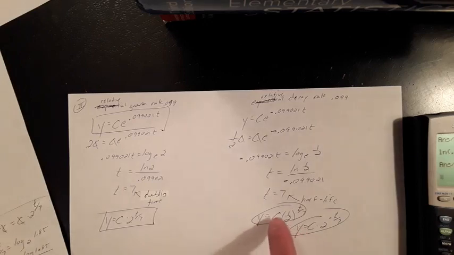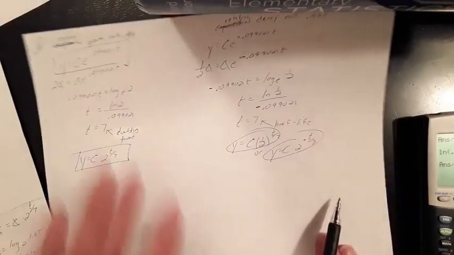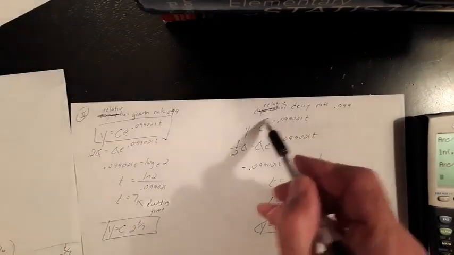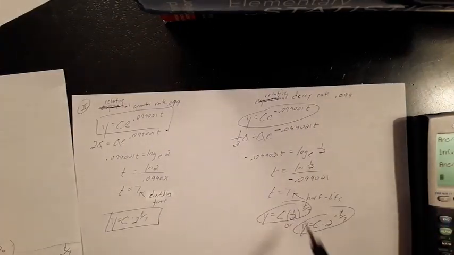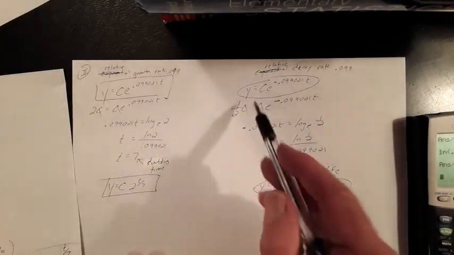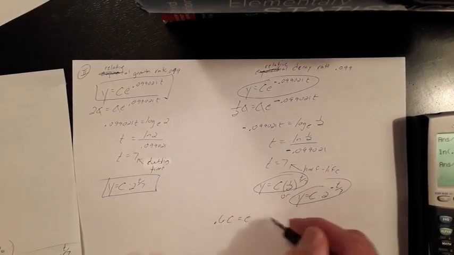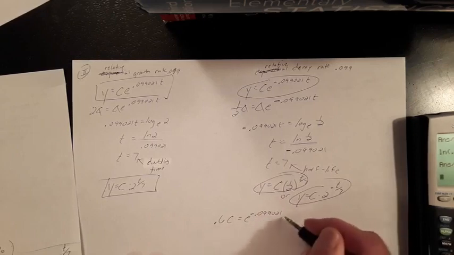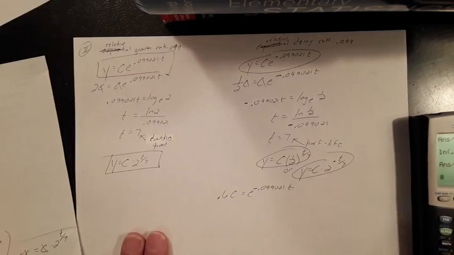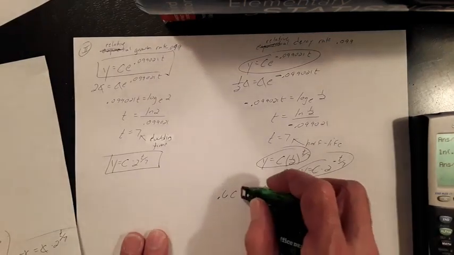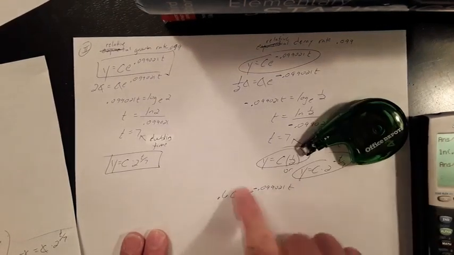How long until there's 60% of the original amount left? You could either use this or either of these, and it's going to be the same thing, 60%, right? That means you got 0.6 of the original amount. And you're looking for the time until that happens. Whoops, I forgot to write the C there, but we're going to cancel it out anyway with the C over here.